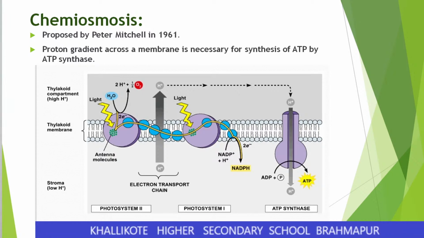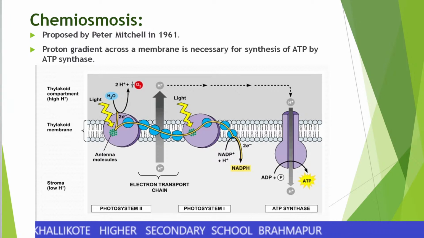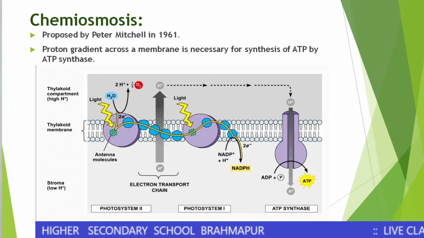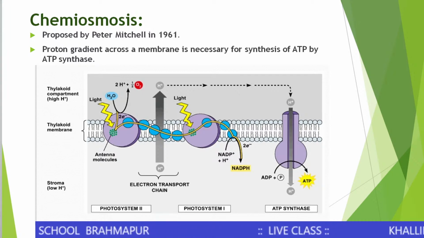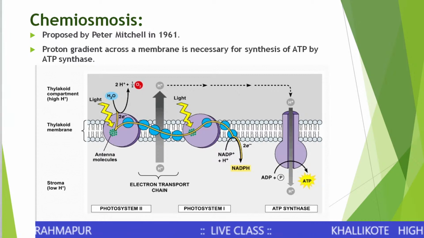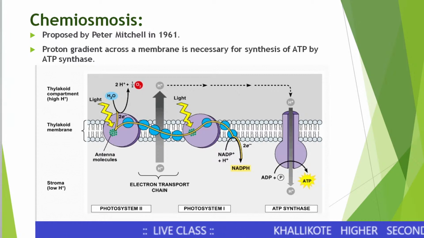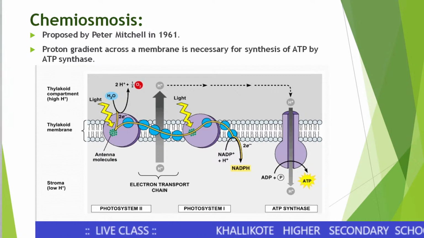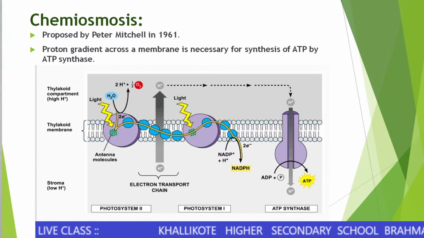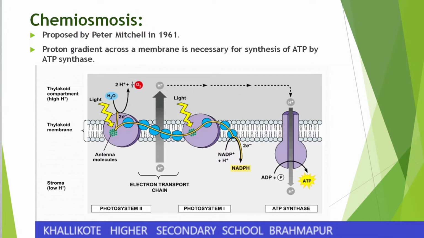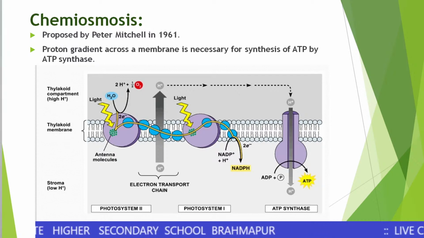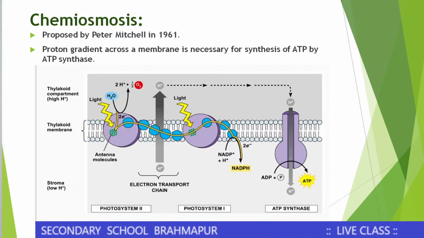The path of synthesis of ATP takes place according to the chemiosmosis method. This chemiosmosis method was proposed by Peter Mitchell in 1961 to explain the process of formation of ATP molecule in the mitochondria as well as in the chloroplast.